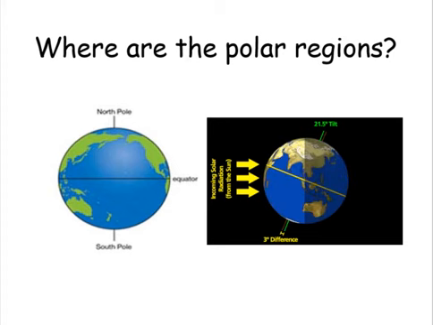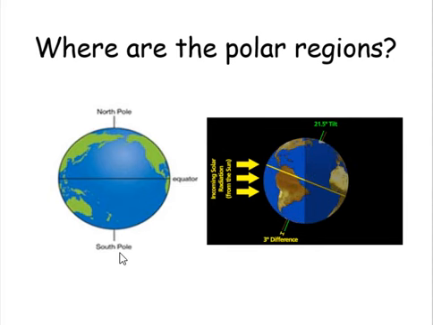But before we know the location of the polar regions, we have to learn about the North Pole and the South Pole. What is a North Pole? A North Pole is the point at the northern end of the Earth.